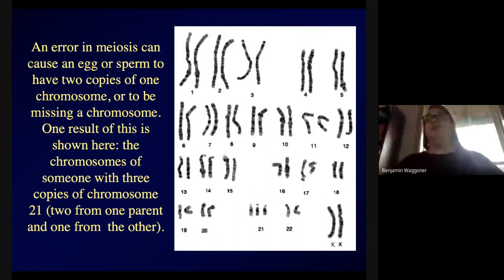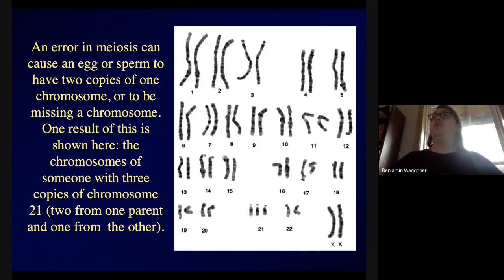People with an extra copy of chromosome 21 have some physical features, tendency to an enlarged tongue and epicanthic folds on the eyes, tendency to some internal features.